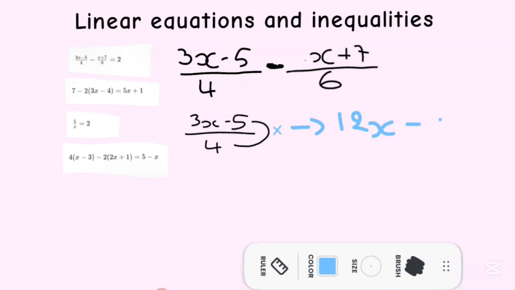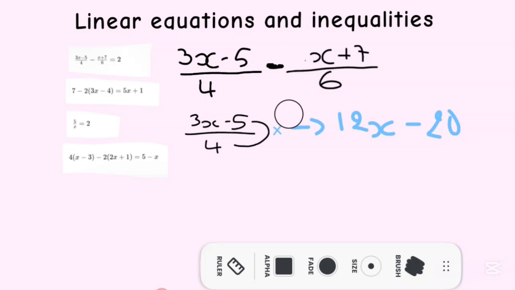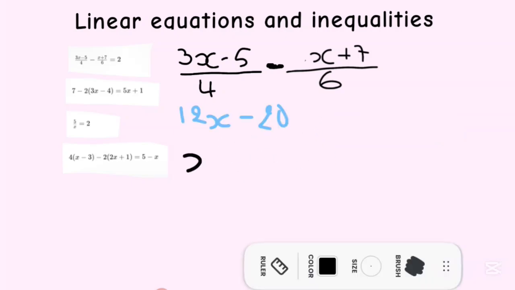What they basically do is cancel the 4, and then they do 3x times 4, which is 12x, and negative 5x times 4, which is negative 20x. That's wrong. That's not something you should be doing.